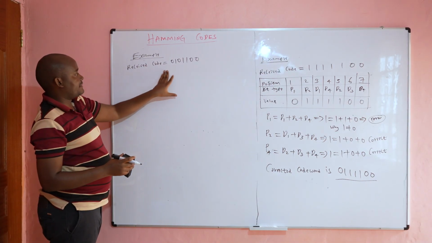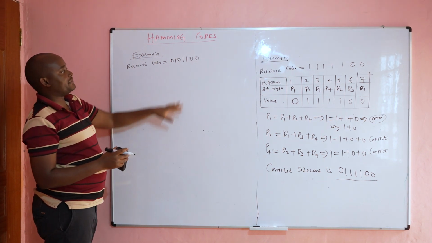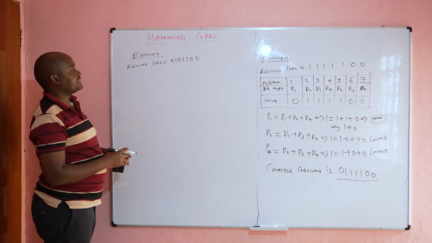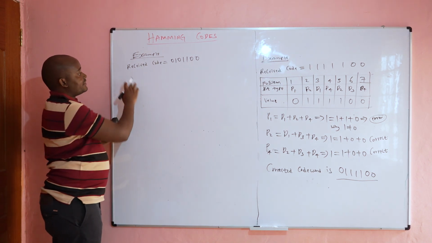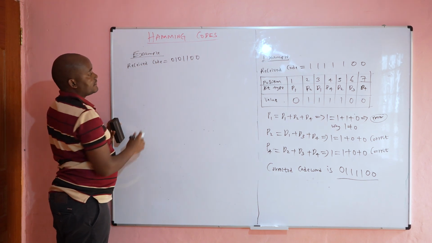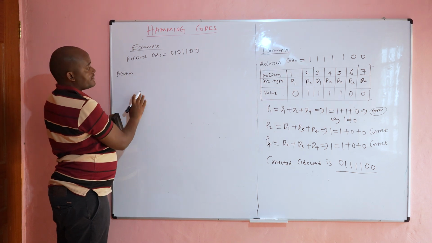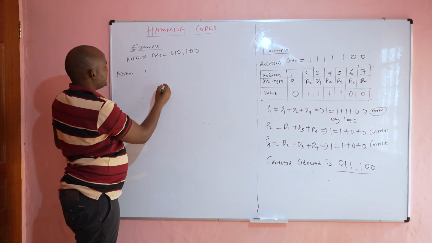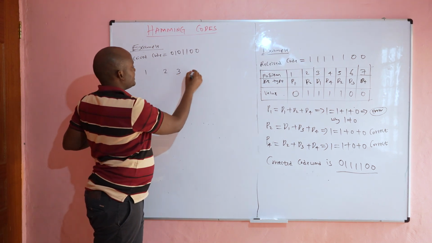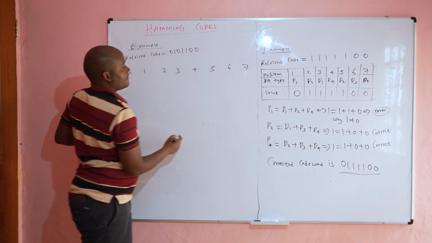So in the next example, we are going to look at a case whereby the error is in the data bits, not the parity bits. In this case, the transmitted code is as follows. Once again, we come up with the table. We have the positions, which are 1, 2, 3, 4, 5, 6, 7.